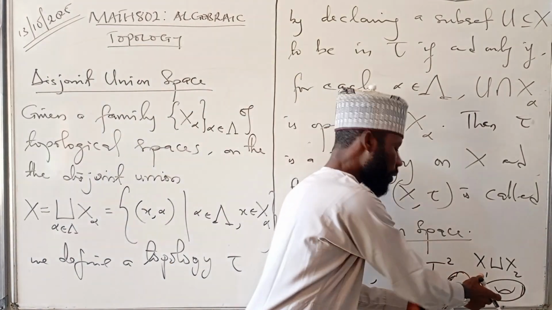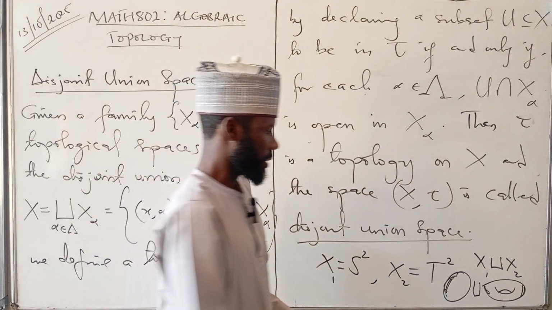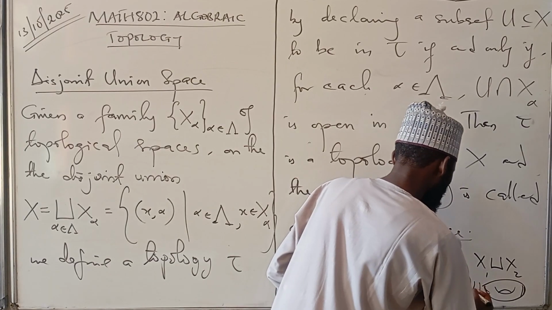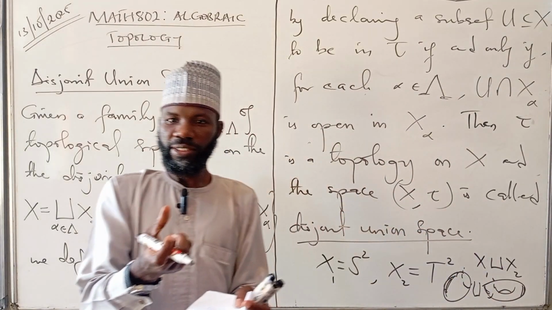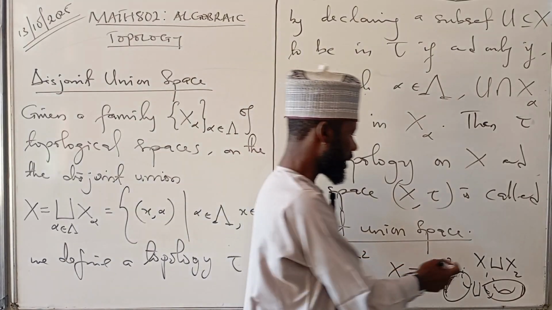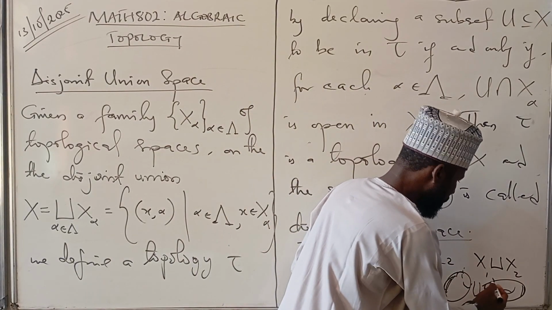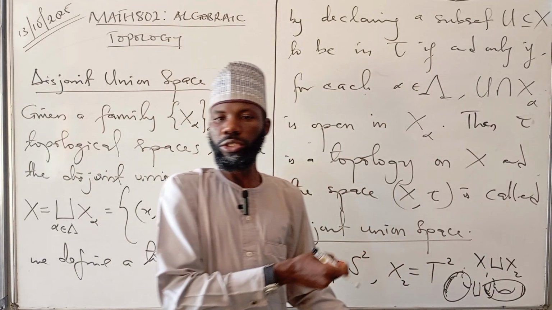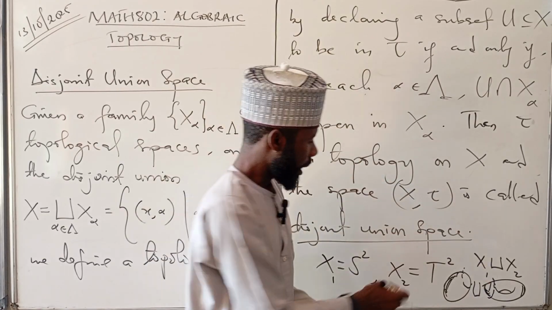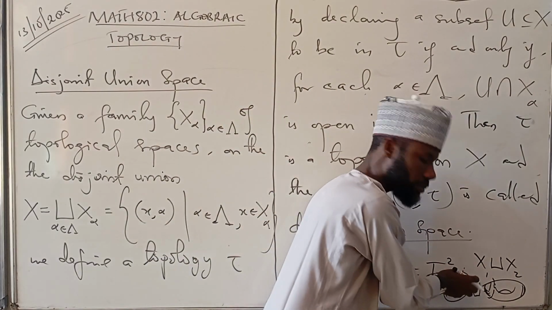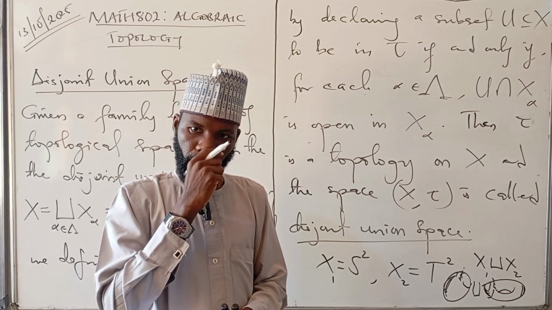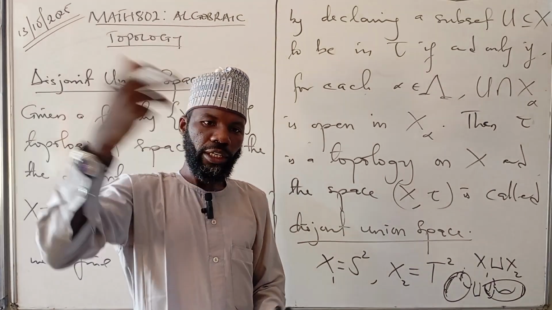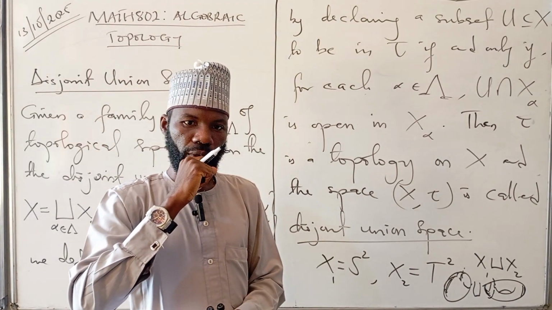If I take any subset of this, that is, you cut a portion of this space and you cut a portion of this space to constitute your subset, then you look at the intersection, that is, the portion that was cut from the torus. If it is open and the portion cut from the sphere is also open, then U is open. Are you following? In the disjoint union topology.